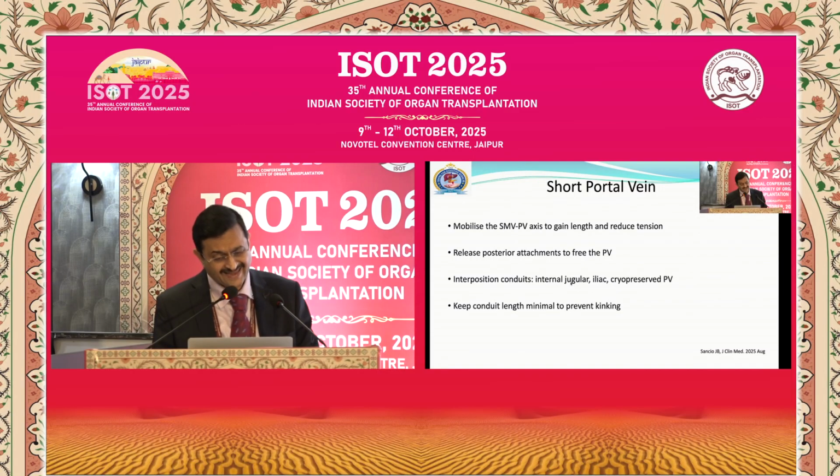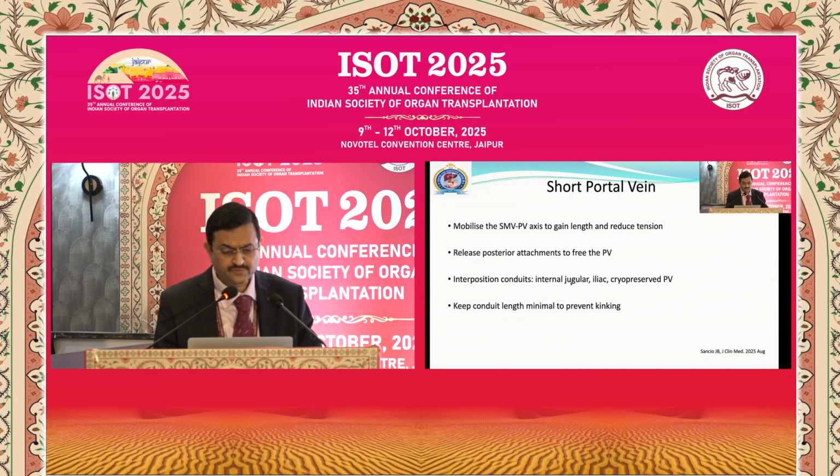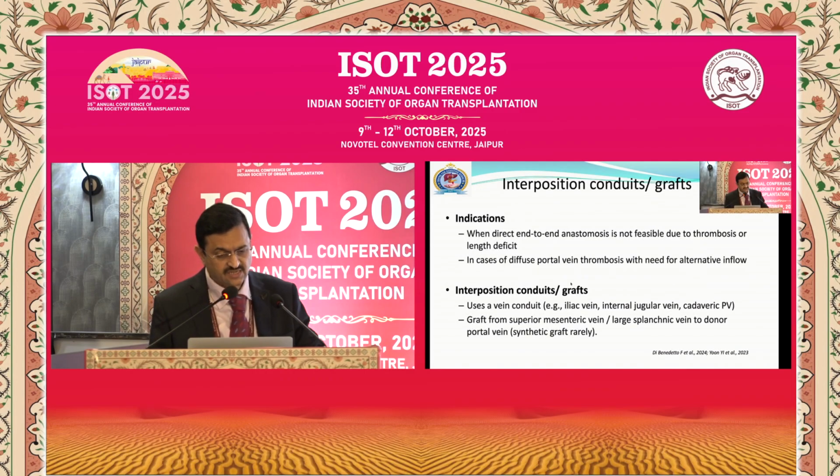You can use iliac, specifically if you have cryopreserved or cadaver iliac veins, or the portal vein, again autologous portal vein you can use if it is from previously cryopreserved. Again, there's a time duration in a living donor program. Unfortunately, we do not have access to iliac or cryopreserved portal veins. So the idea is that if you get stuck, you will have to use an interposition graft.